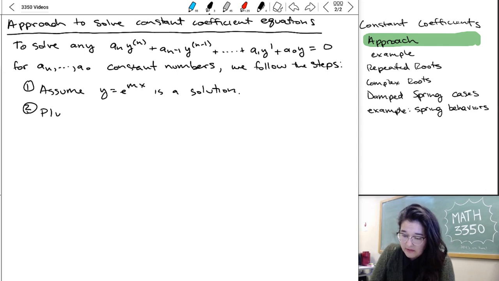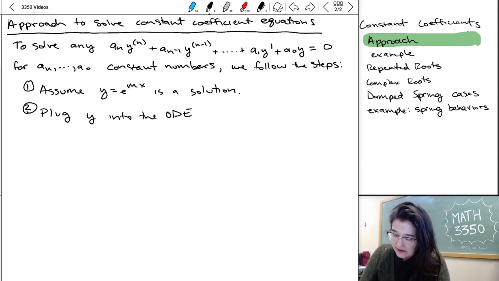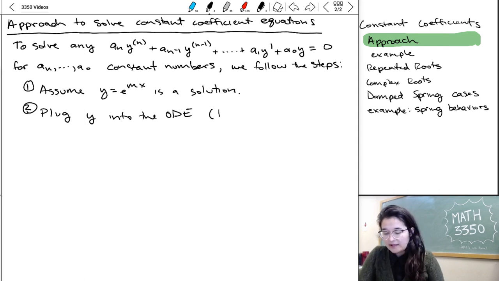So after we've assumed that's the solution, we're going to plug y into the ODE and check if it is a solution. And an important note here is that we're going to need to take the derivatives of y in order to plug it in.